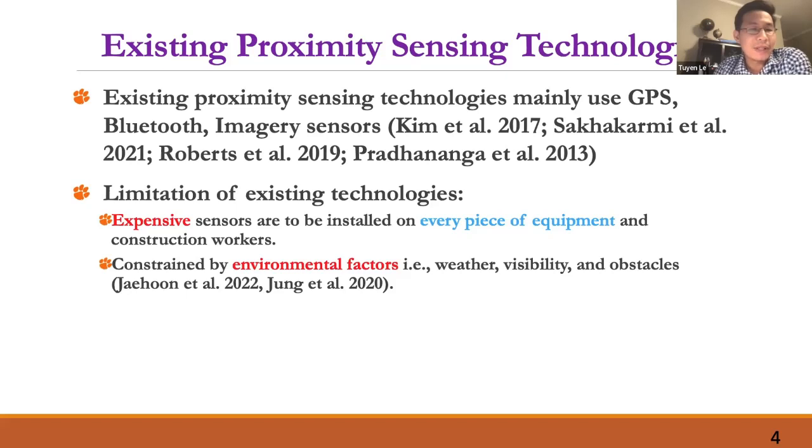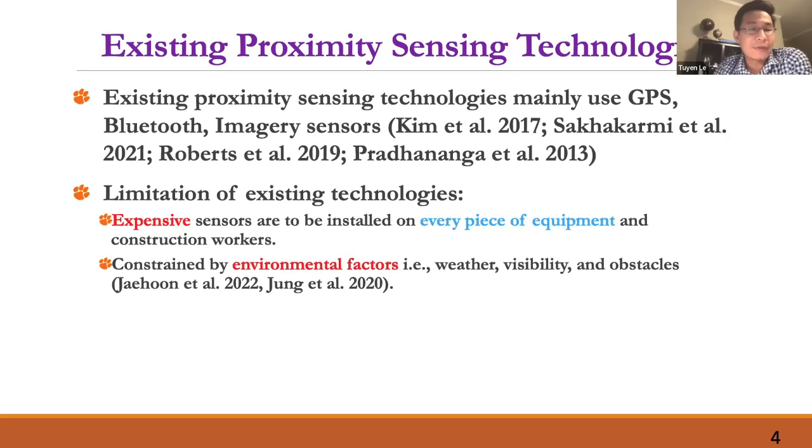The first limitation is the cost of those sensors. They are expensive because you have to install the sensors on every piece of equipment and even on the construction workers. Let's assume your construction project is complex and involves many subcontractors.